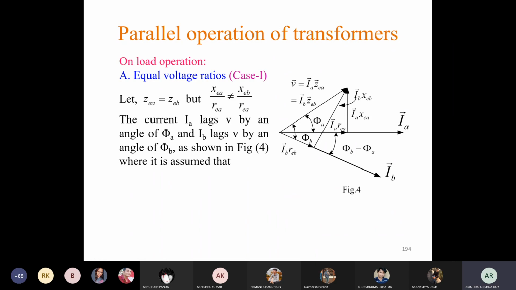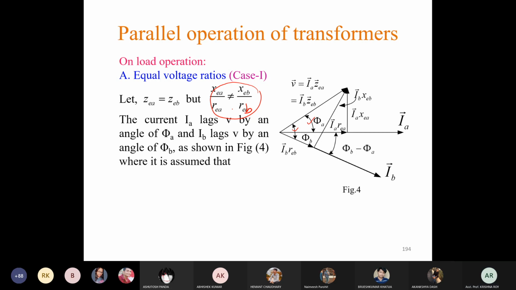You can see IA is the load current of transformer A, IB is the load current of transformer B. Here the power factor angles phi A and phi B are not equal because this ratio is not equal.